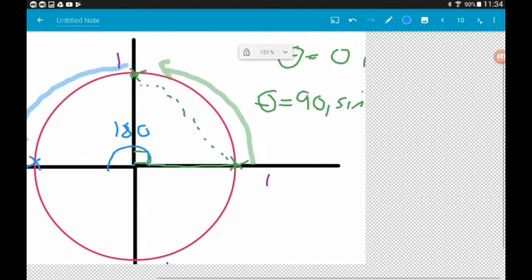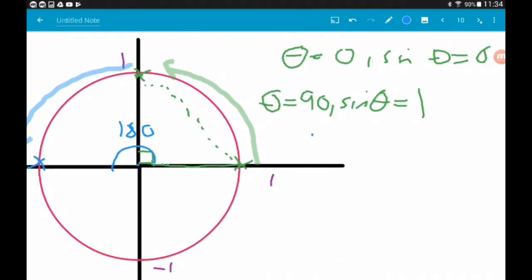So this tells us that when theta is 180, sine of theta is 0.